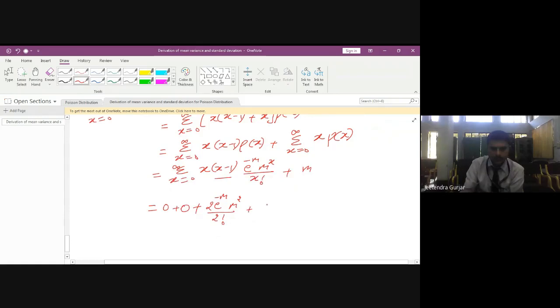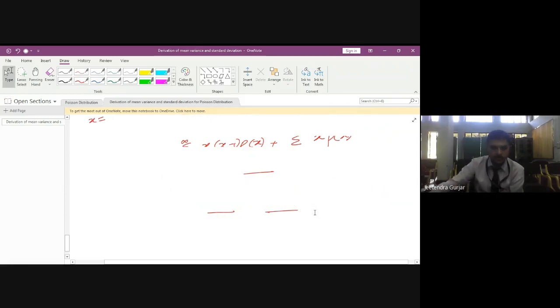Next will be 3 e raised to minus m cube divided by 3 factorial plus 4 e raised to minus m raised to 4 divided by 4 factorial, and so on. The last term will be m, that we have taken directly from this value. So this continues till infinity.